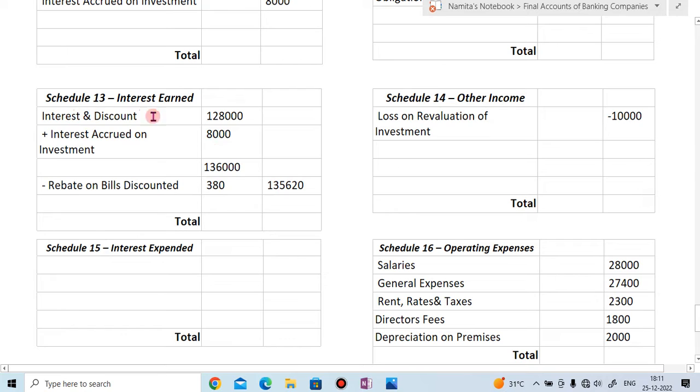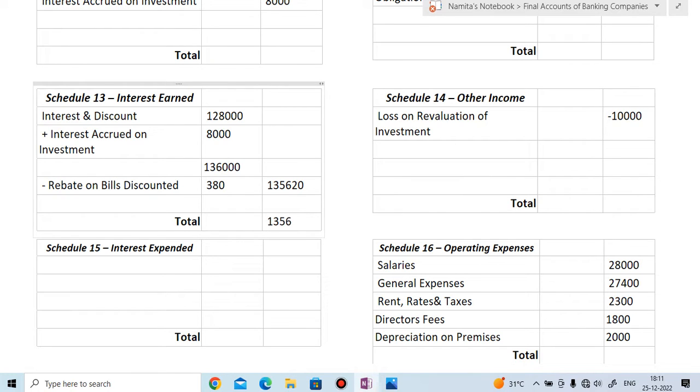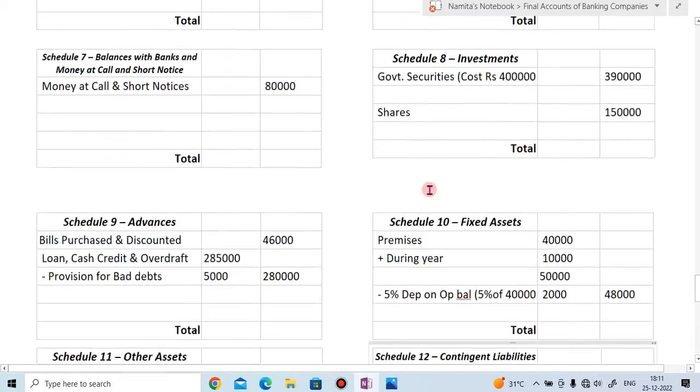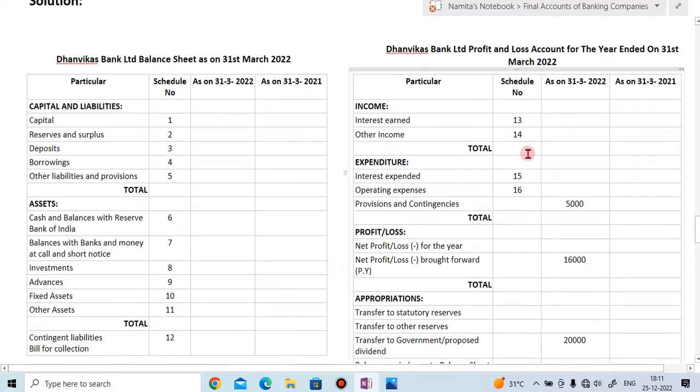Schedule number 13 total is how much? 1,35,620. So write in the profit and loss account under schedule number 13, interest earned, 1,35,620. Okay, 620 is the total.